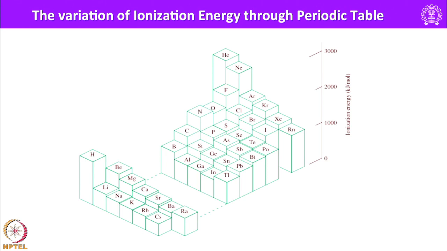Similarly, we can also look at the variation in the ionization energy through all the elements in the periodic table. Here ionization energy refers to the first ionization energy, and it follows almost the same trend we observed for electronegativity, with no significant difference.